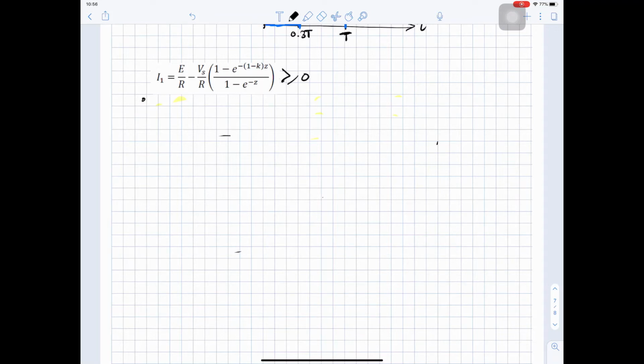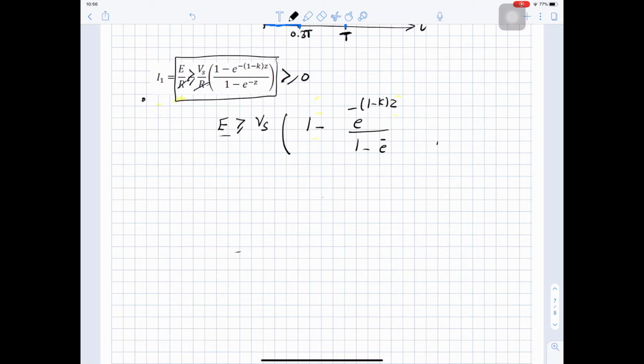And for this equation to be greater than or equal to 0, we can make this equal or greater than, and this will be the condition. R can cancel R, so the equation is E is greater than or equal to V source times (1 minus e to the negative Z) over (1 minus e to the negative Z), with the 1 minus K Z term.